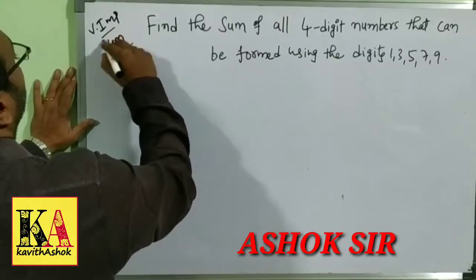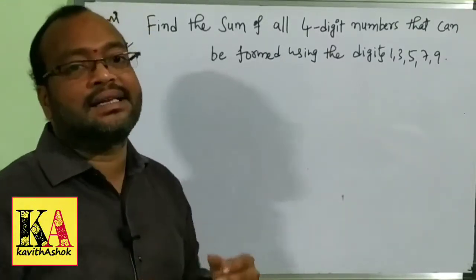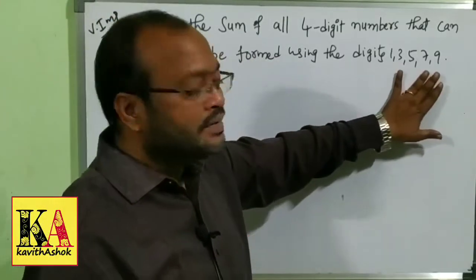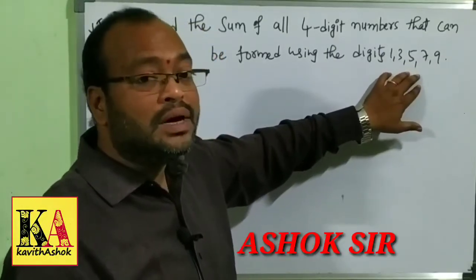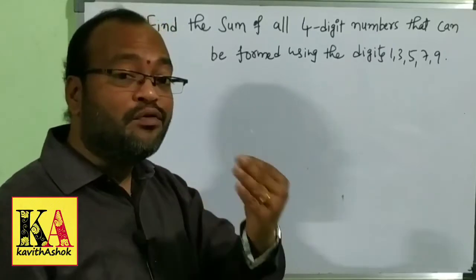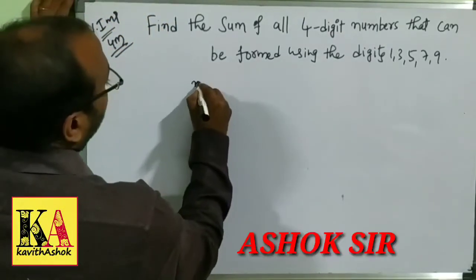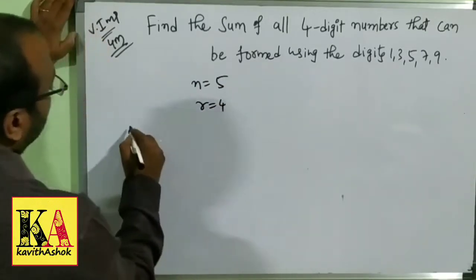Before going to solve this problem, first we will check what is given and what is being asked. 5 numbers are given. By using these 5 numbers, we have to construct 4-digit numbers, right? First, we will check how many 4-digit numbers we can construct. N value is equal to 5. We want 4-digit numbers, so R value is equal to 4.